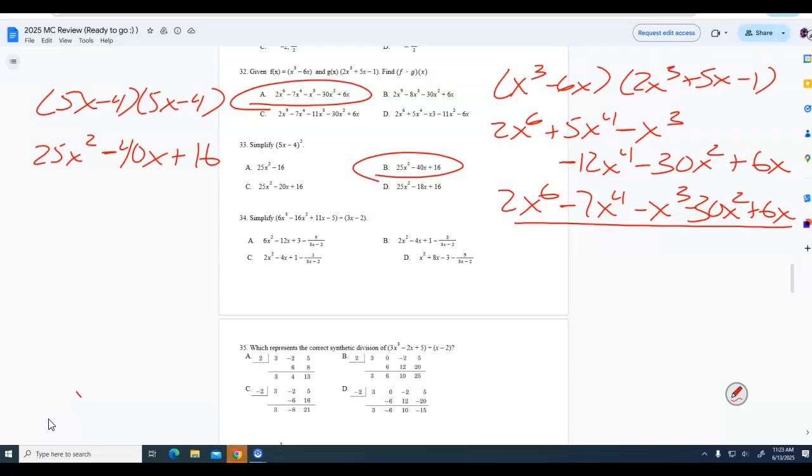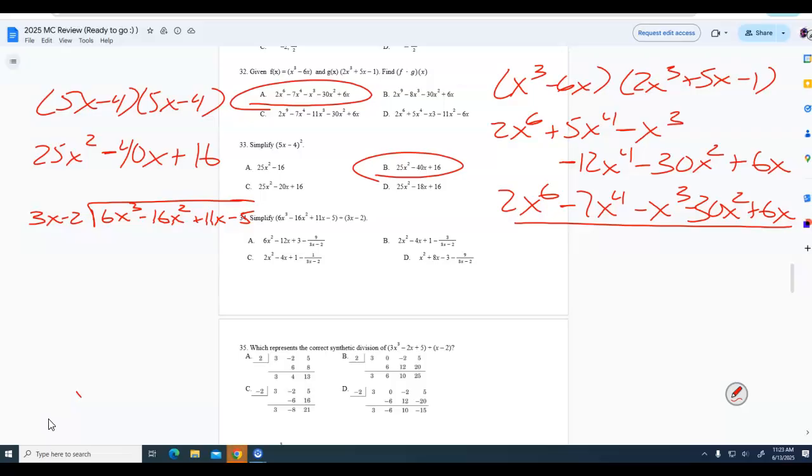Number 34, if you're going to simplify it the way they've done it, you're going to want to do long division. So that's 3x minus 2 divided by 6x cubed minus 16x squared plus 11x minus 5.